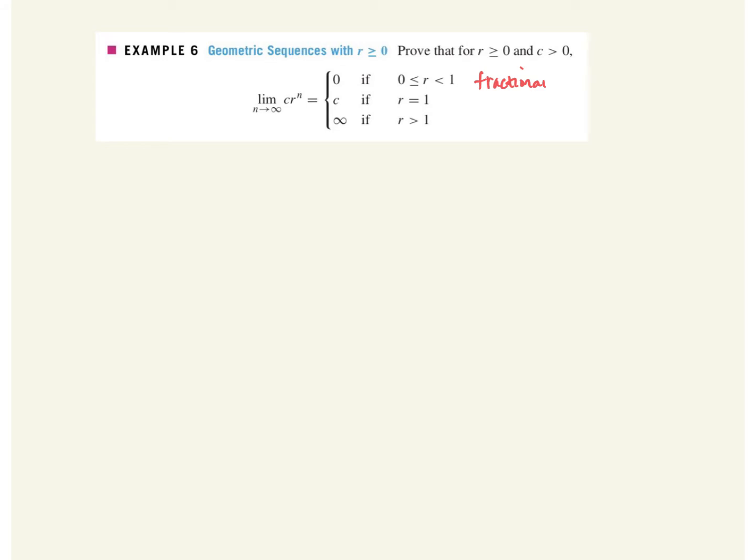So if we investigate this a little bit, and we name f of r equal to c times r to the x power, specifically when r is between 0 and 1, then the limit as n approaches infinity of c r to the n power is equivalent to the limit as x approaches infinity of f of x, which would be basically the same thing here, but we are allowed to take the coefficient out, and evaluate the limit specifically as r to the x power when r is some fractional value, right?